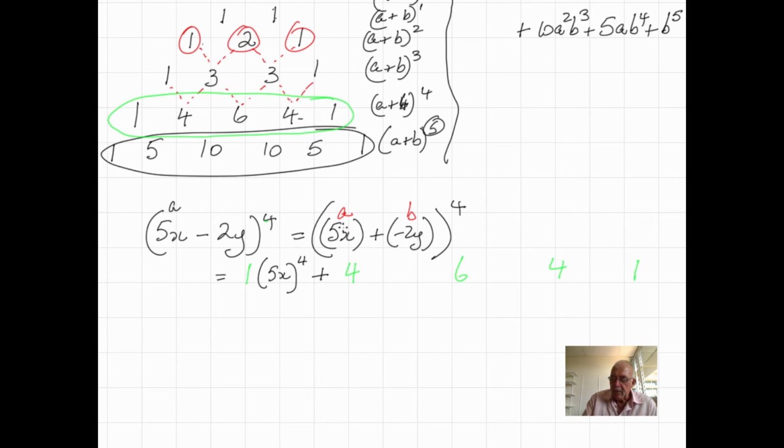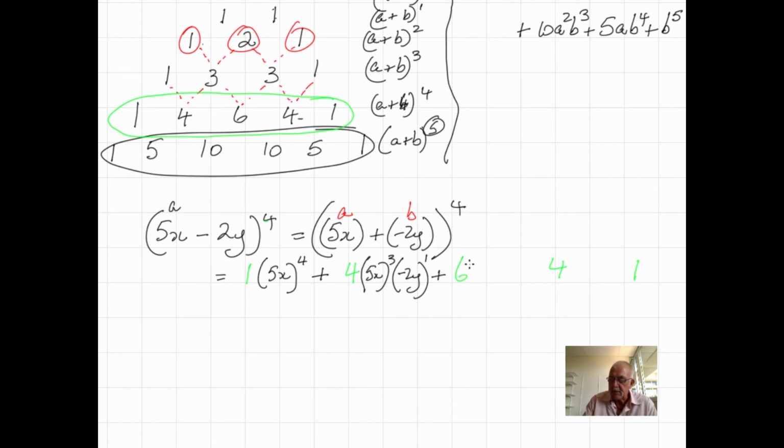Now we go the coefficient, and then a to the power, these a's now are going down by a factor, so we'll go down to the power of 3, so it'll be 5x to the power of 3, and my b's now which is negative 2y, to the power of 1. So once again, we add these two powers. 3 plus 1 is 4, so we should get that.